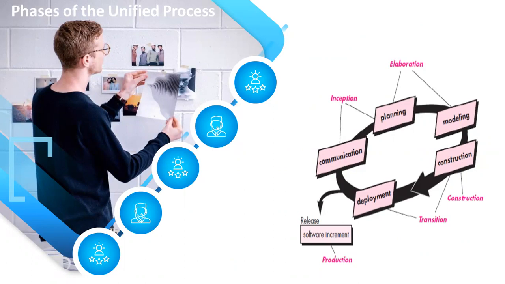Focusing on risk, early iterations also focus on developing the high risk portions of the software. Software development iterations move through 5 phases, that is inception, elaboration, construction, transition and production. These phases cannot be directly mapped onto the generic process framework activities, and rather each iteration contains some of the framework activities.